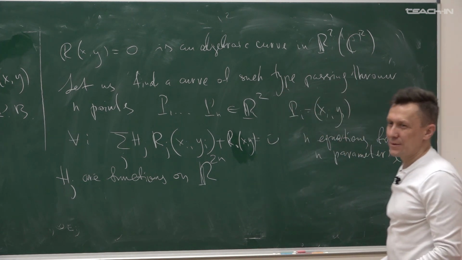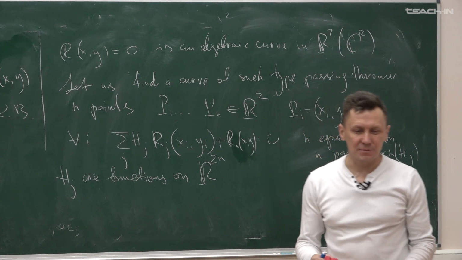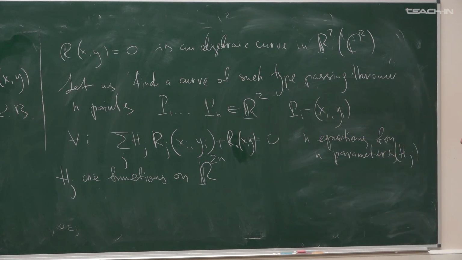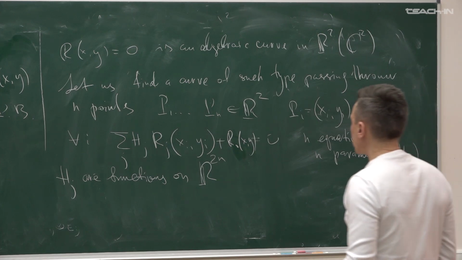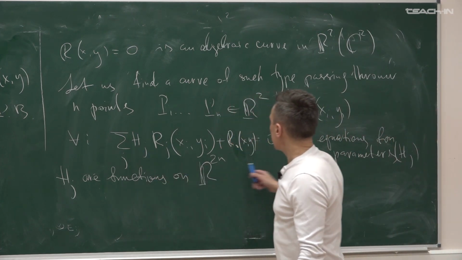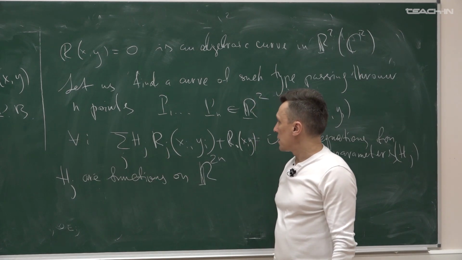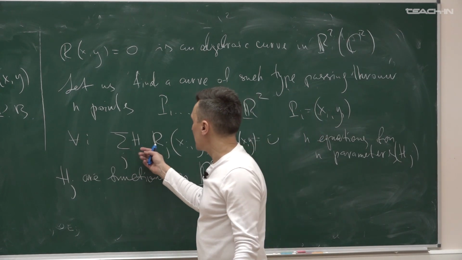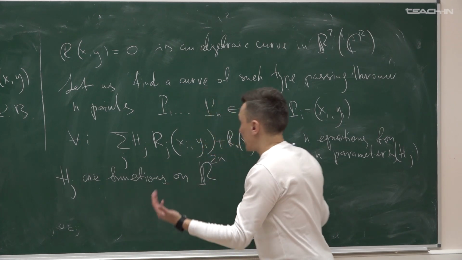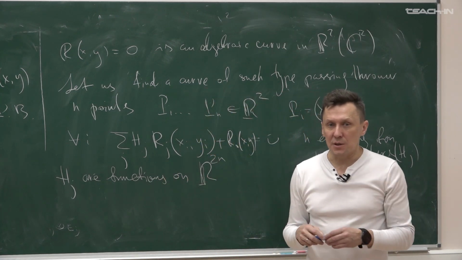Yes, now we have n equations for n variables without any necessary additional choices. So, if we solve such a system, we define h_j as functions on our space R^2n.